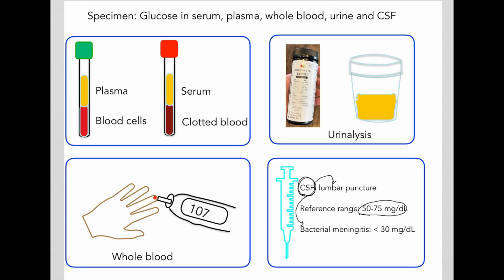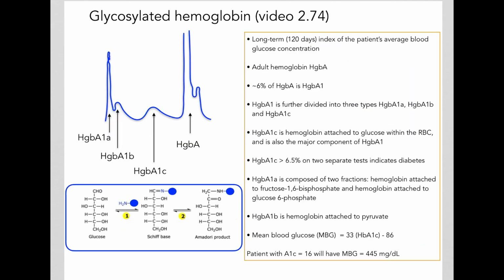So if the CSF contains bacteria, these bacteria will use up the glucose for their energy needs, and the glucose concentration will drop down to as low as less than 30 milligrams per deciliter. So that's all for the glucose test.